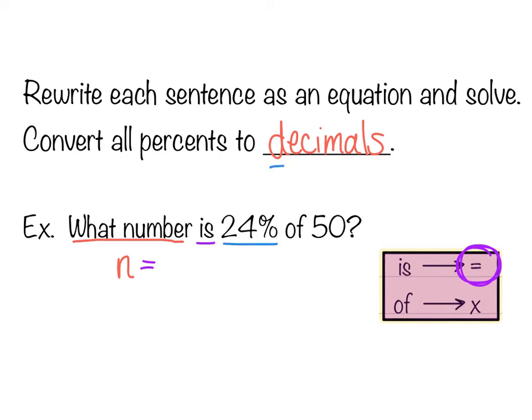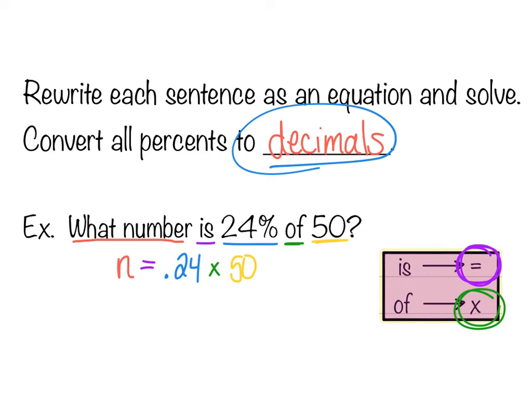24%, we know that we're supposed to write that as a decimal, so 0.24. And then we've got "of," which we know means to multiply, so times, and then 50. Now 50 is already a number, it doesn't need to be converted, so I just write 50 down. And then to solve this equation, remember to solve equations, we always get the variable by itself. Well, n is already by itself.